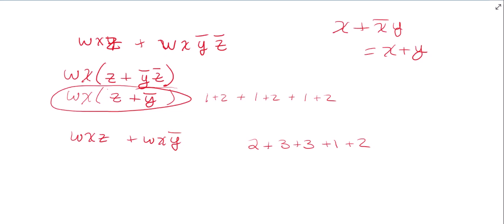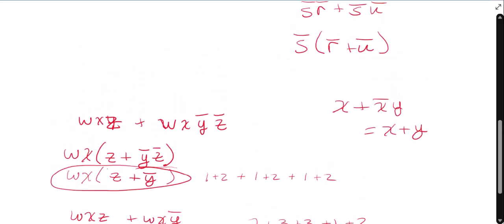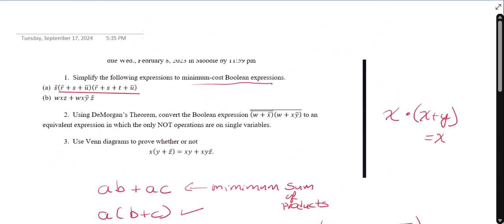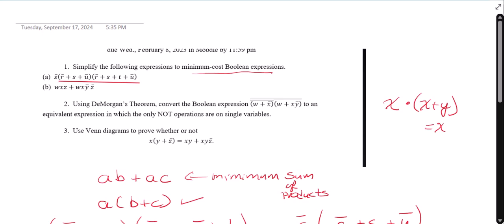Yeah, okay. All right, let's see what the next question is. Using De Morgan's theorem, convert that Boolean expression to an equivalent expression in which the only not operations are on single variables.